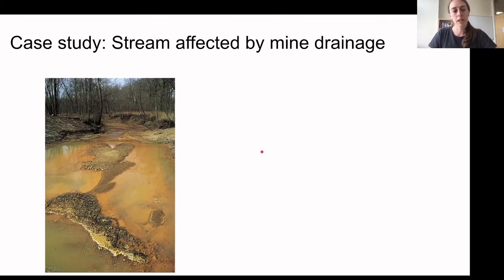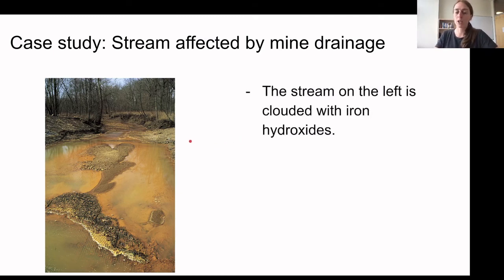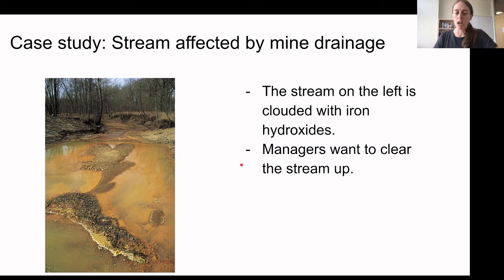So here's a case study, as we've looked at across all of our classes: the issue of acid mine drainage and iron. The stream on the left is clouded with iron hydroxides. This is the solid red sediment that's settling out in this particular stream, and managers might want to clear this stream up.